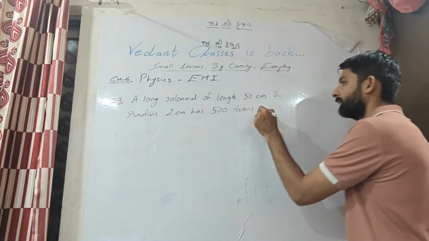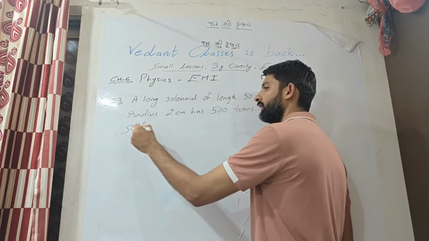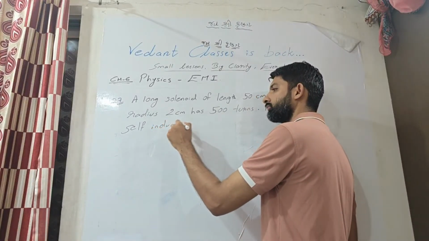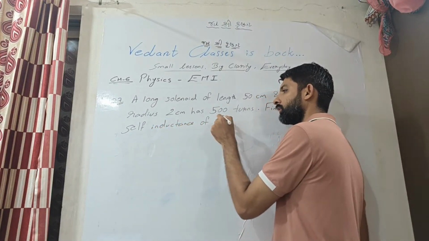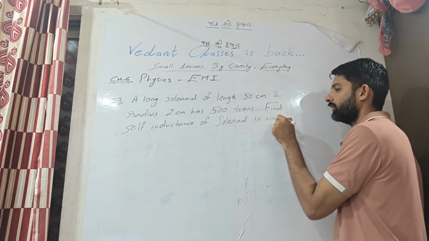You have to find the self inductance of the solenoid in vacuum.